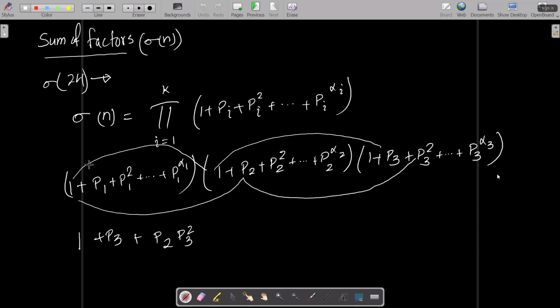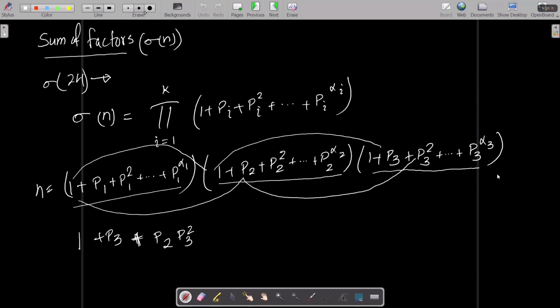Because we will have all the elements from this array multiplying with all the elements from this array and from all the elements from this array. We take all the combinations and multiply them. So we have all the factors of n, and we have the summation. So we have the summation of all the factors.